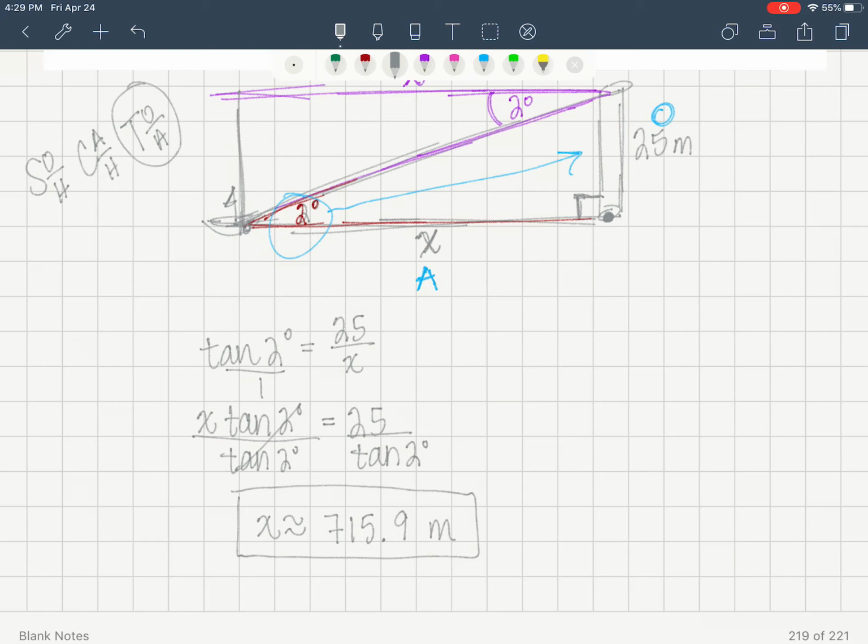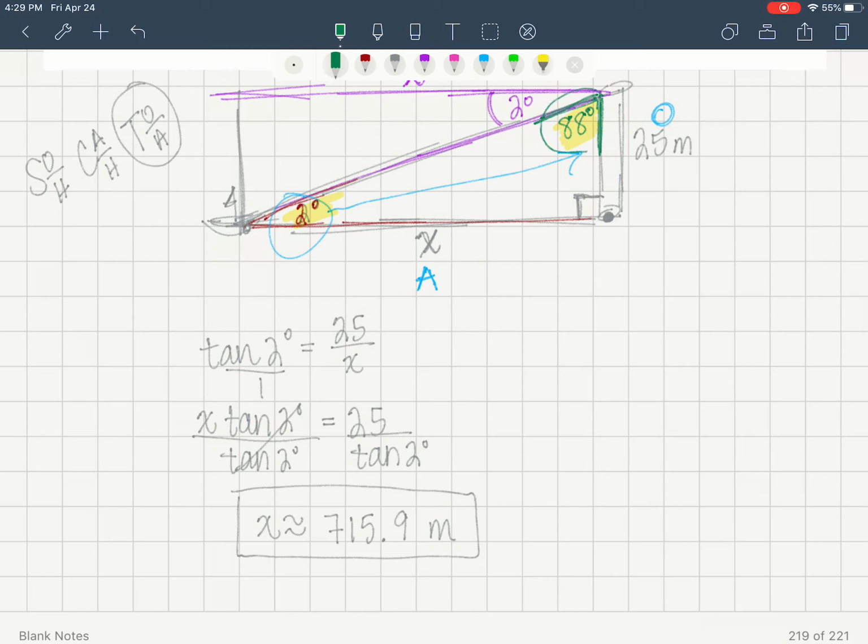Now, there is a second way with different numbers to find x. I'm going to highlight the 2 acute angles in a right triangle are complementary. So this angle that's made with the vertical is 88 degrees.